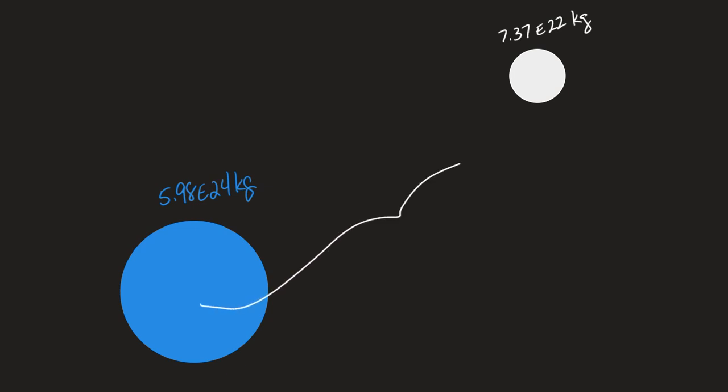The Moon has a mass of 7.37 times 10 to the 22nd kilograms. They are separated by 384 times 10 to the 6th meters. Where's their center of mass?